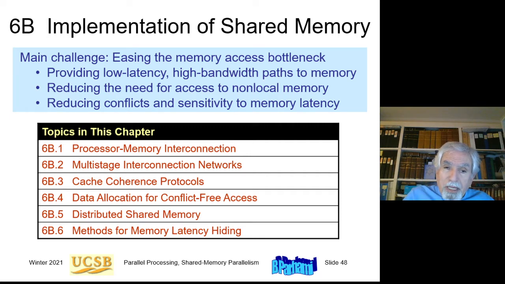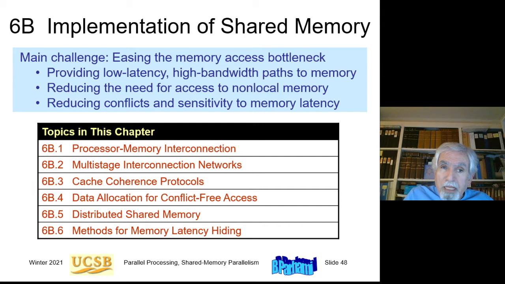Ideally, we needed 2 lectures to cover these 2 chapters, but in order to fit the entire content of the book into a 10-week quarter, I've had to merge the coverage of some chapters. So the main challenge in implementing shared memory is to ease the memory access bottleneck.